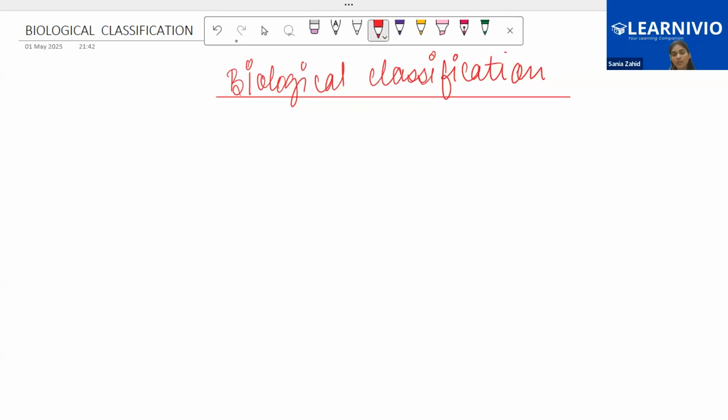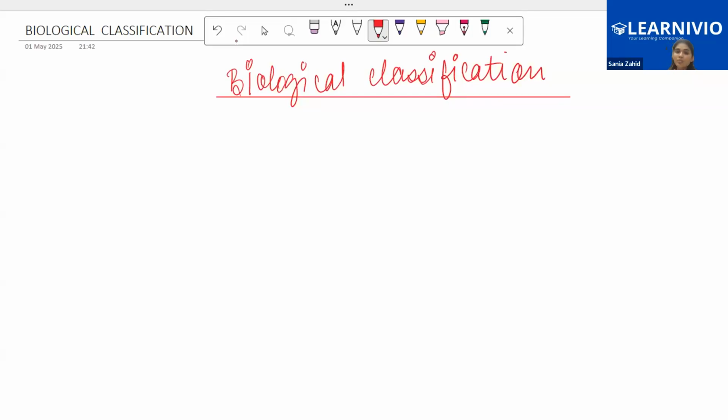See, what was the problem? It was basically the large number of diversity and species that existed on the earth, right? And the solution was to classify everything in order to study it properly. Our solution should be such that our study can become easy. So over the course of time, various different classification systems were proposed. In this lesson, we will study one by one how many kinds of classification systems were proposed.